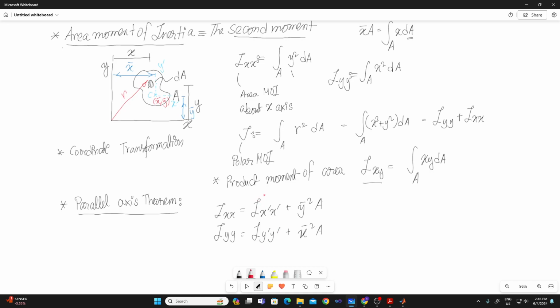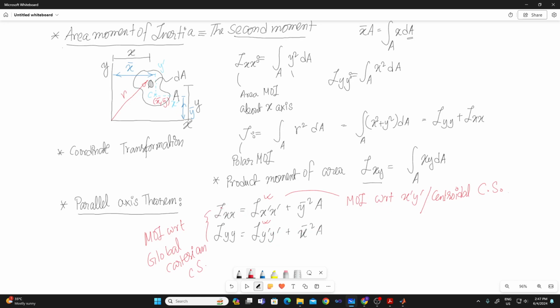So this and this, these are the moments of inertia with respect to x prime y prime, or centroidal coordinate system. Okay, and these are the moments of inertia with respect to the global Cartesian coordinate system.